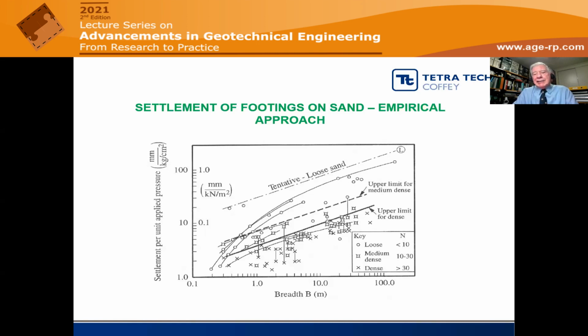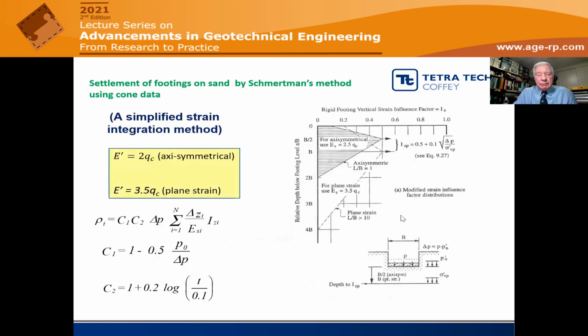You see there's a huge spread of results, bearing in mind that this is a log scale. And so immediately you have to recognize that using this sort of empirical correlation is unlikely to get you really accurate results, but it may give you a first indication.